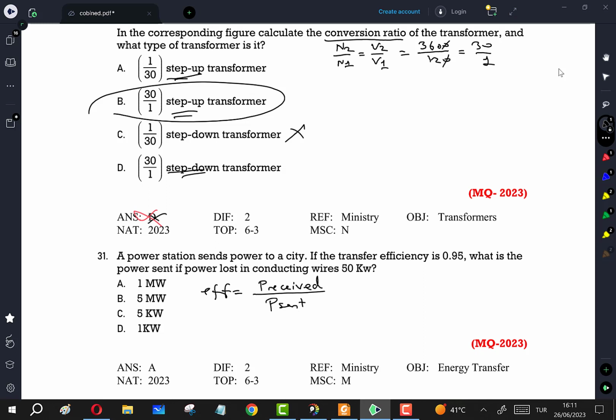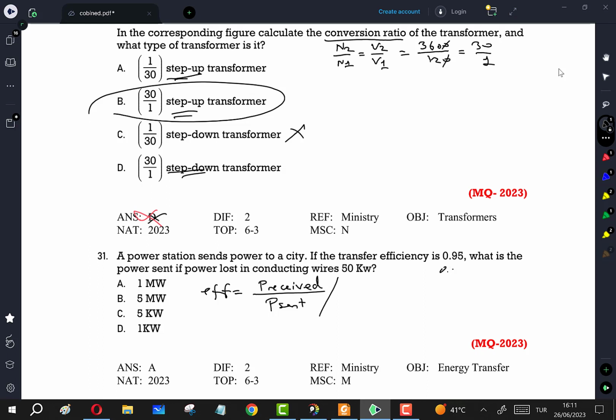Here the power lost is given in this question, but as you see, no power sent. We can go in the opposite way. If transfer efficiency is 0.95, what power is lost? What percent is lost? 0.05, because the sum is going to be 1.